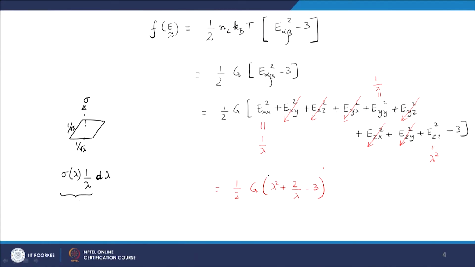This is the force at deformation lambda multiplied by the d lambda, the small deformation, that is when we go from lambda to lambda plus d lambda, and this will be equal to the change in the free energy.